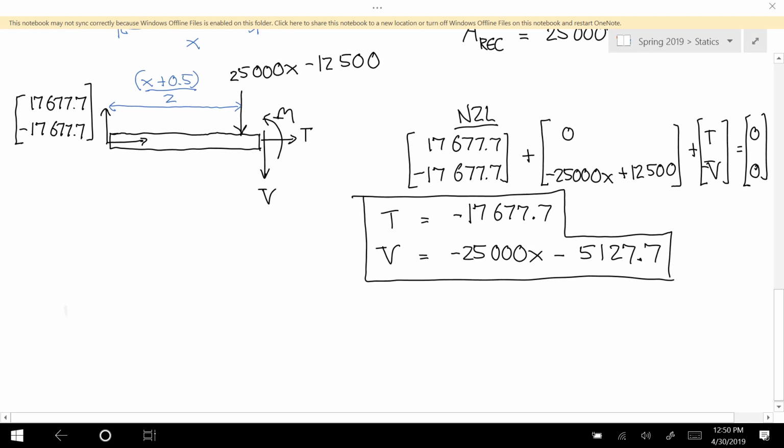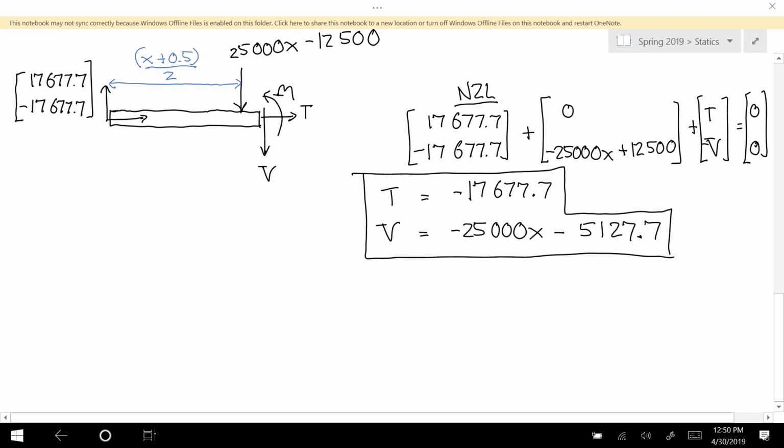Is that right? Okay, and then we'll go to the moment equation.